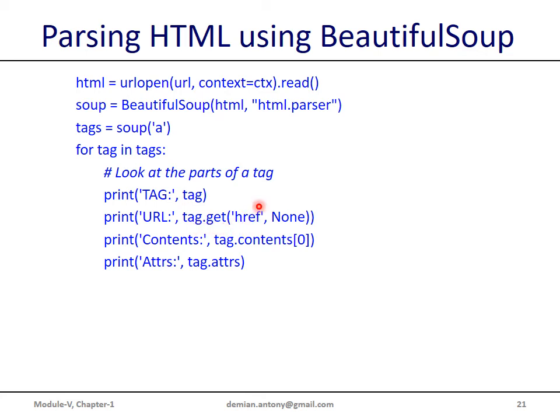Just tag dot get retrieves the value of attribute href. This gives all the attributes present in the tag. This is how we can display the anchor tag, its hyperlink value, and all other remaining attributes, like onclick, one attribute, or a style attribute, all the attributes that you can list here.